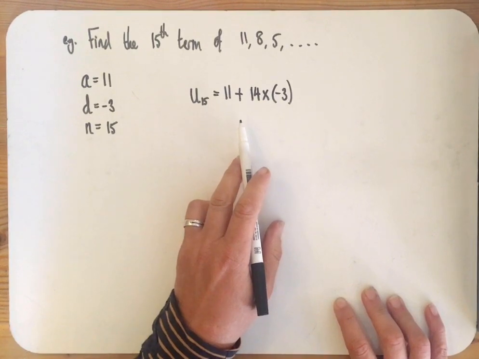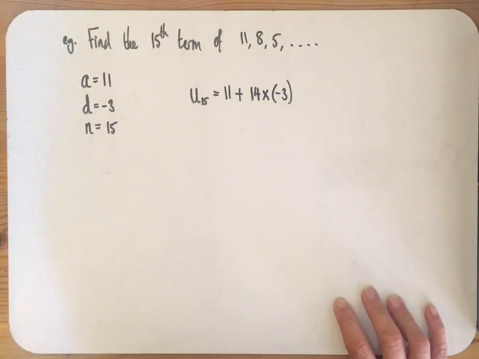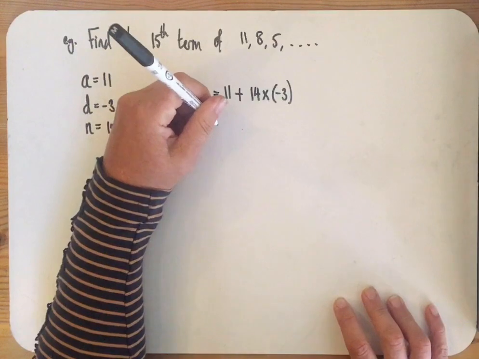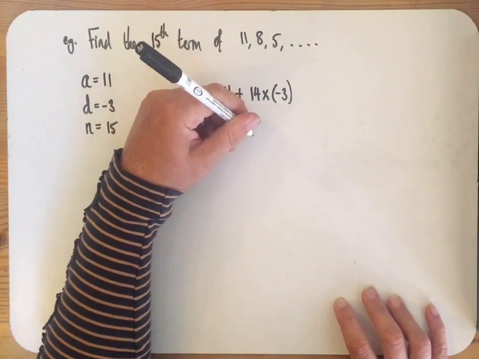Your calculator follows BIDMAS to the T, so you could just whack that into a calculator, but obviously you need to do 11 minus 42 to get minus 31.